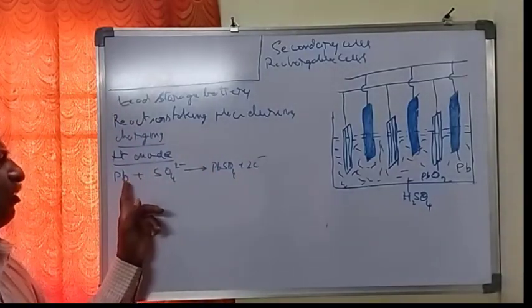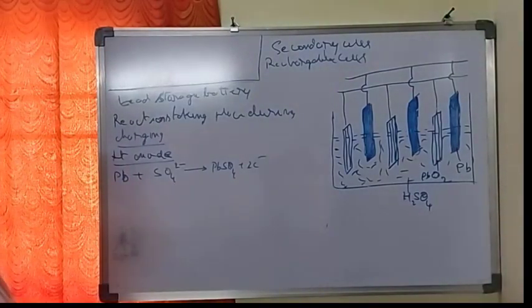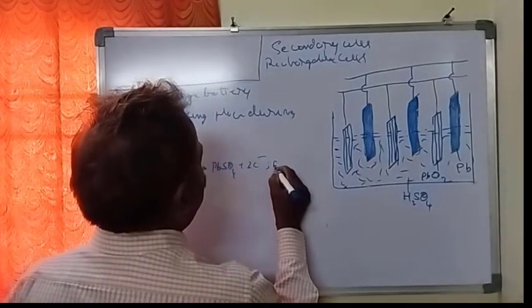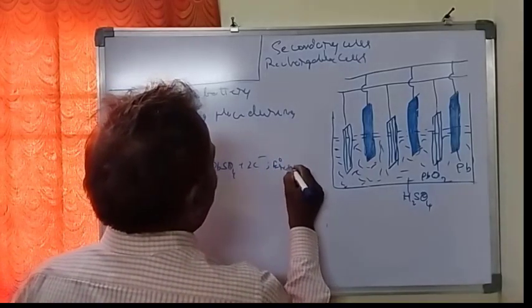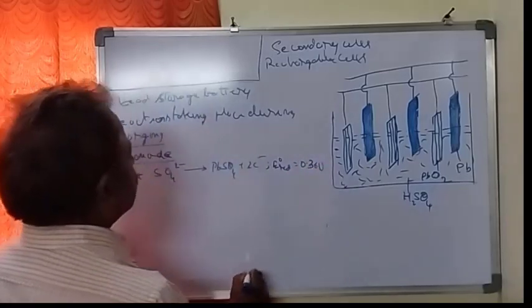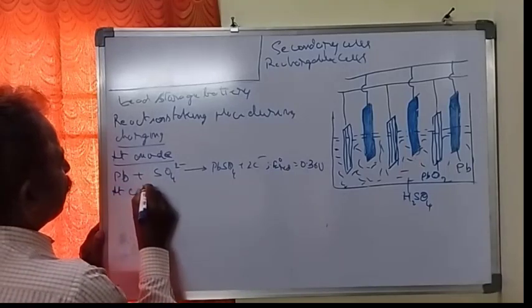Lead combines with sulfate, and lead sulfate is formed, and of course 2 electrons are released, and E0 reduction is equal to 0.36 volt.